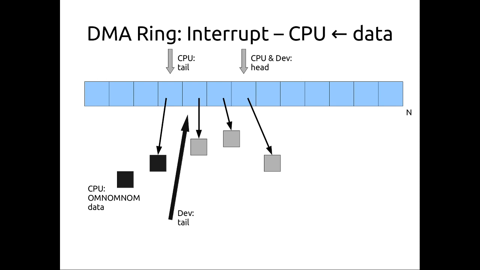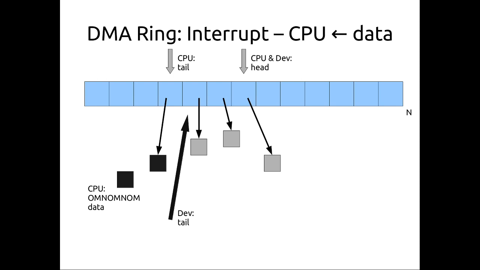I'm going to dequeue that off of the queue, increment my tail up, get that pointer to the data that the device has transferred, and eat up the data and do whatever it needs to do. If it's a packet, send it up to the networking stack for processing. If it's a sector from a persistent data device like a disk or an SSD, pass it up to a file system. So there we actually process the data.